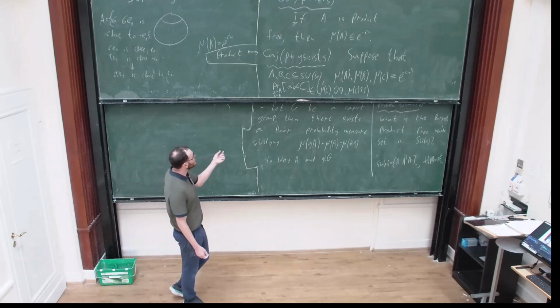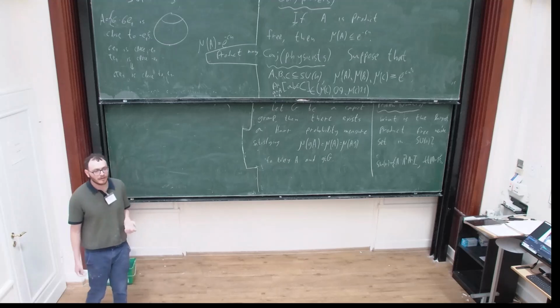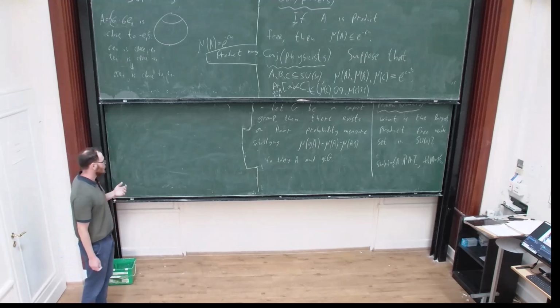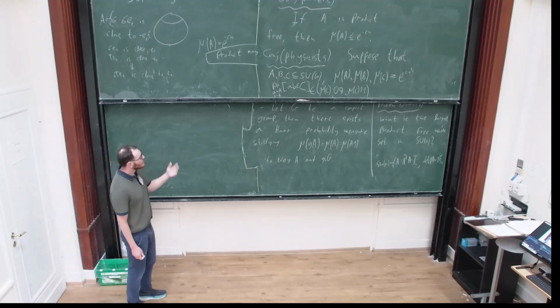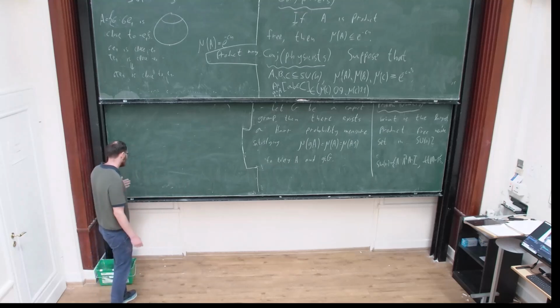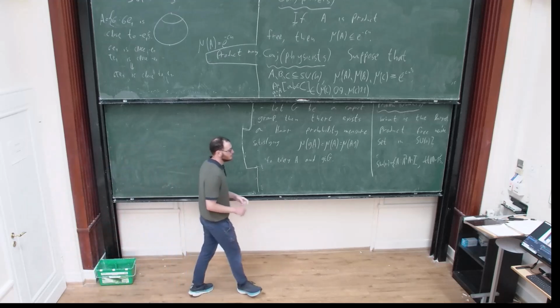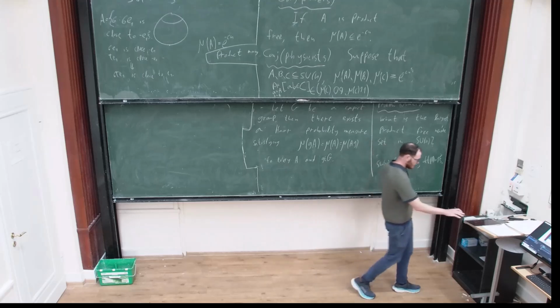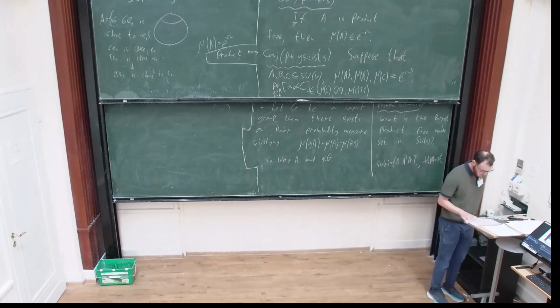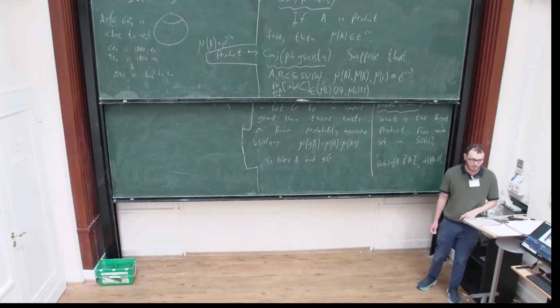If you take two random elements from these tiny sets, the product already must be uniformly distributed in SU_n, and this is equivalent to somehow mixing in 3 steps in L infinity.